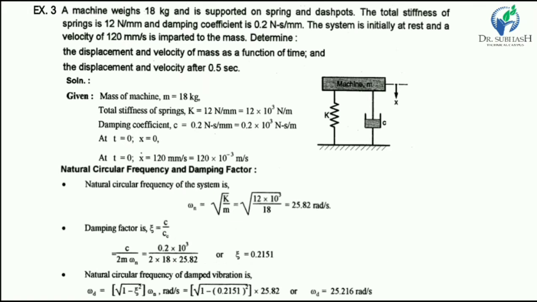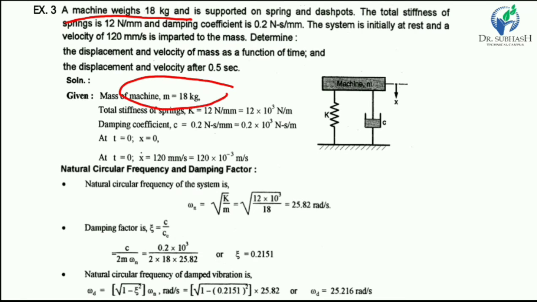Now another example to solve. The machine mass is given as 18 kg in this example, supported on a spring and dashpot.